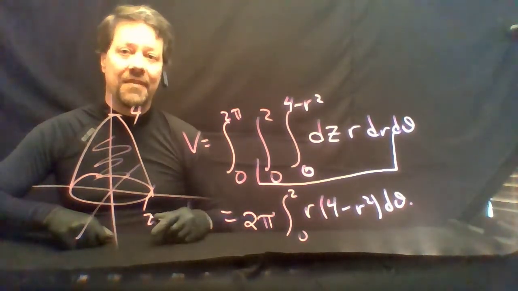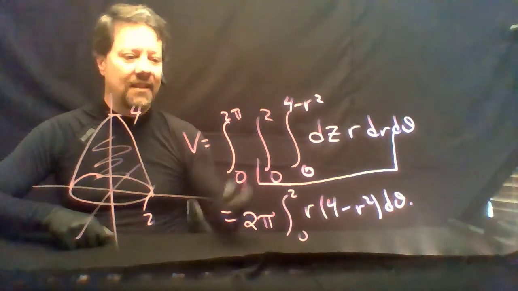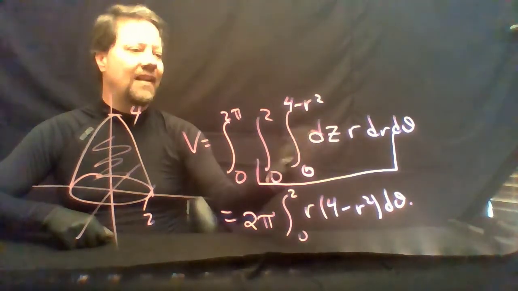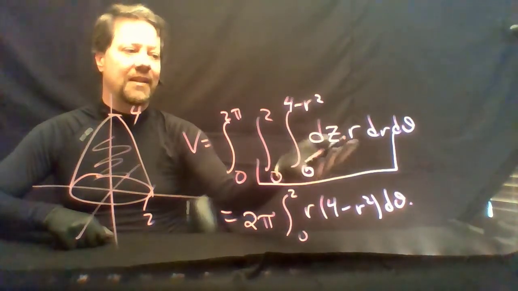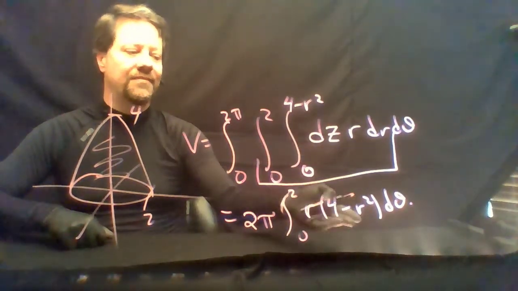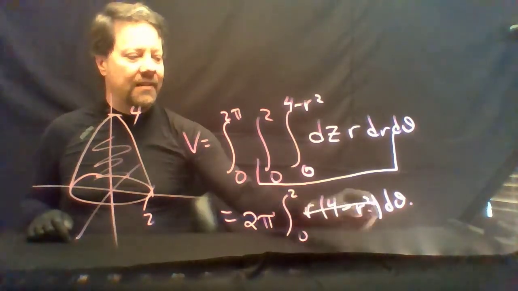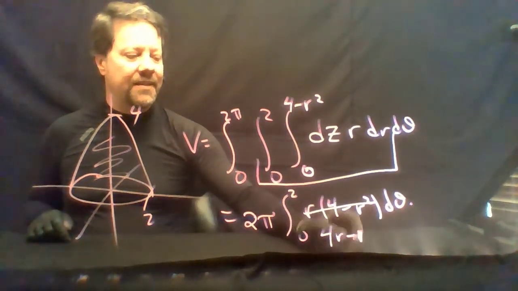Here we've done two of the integrals simultaneously. The integral on theta just gives you 2 pi times everything else, and then the integral with respect to z is a constant times the length of the interval. Distributing, we now have 4r minus r cubed.